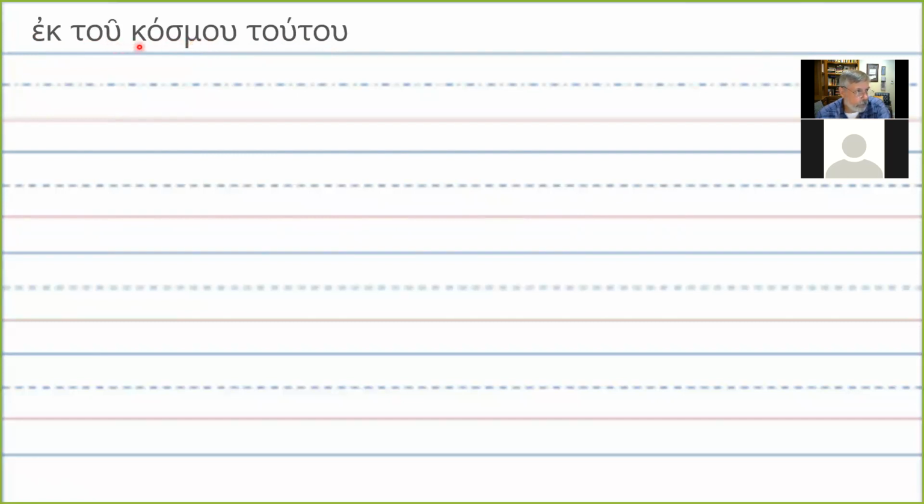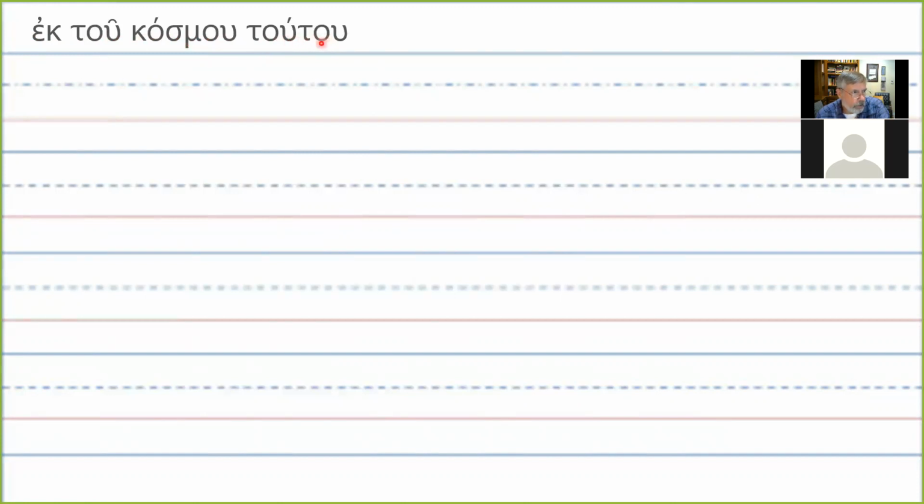This world. Yes. Well, kosmou means world, and so tou is the. And now here's where we have, look, we have the noun kosmou with an article, right? Both in the genitive, and then we've got this genitive singular demonstrative pronoun.